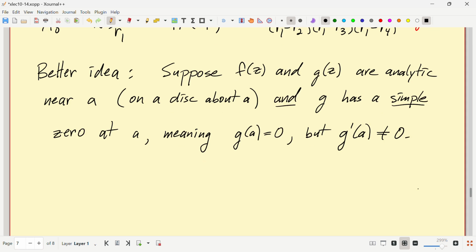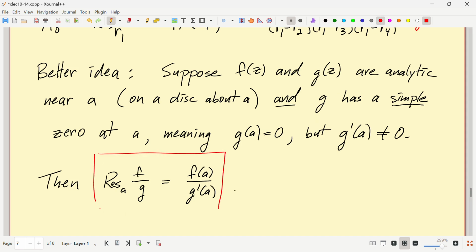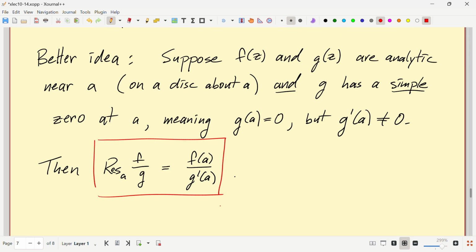Then the formula is very convenient. The residue at a of f over g is equal to f of a over g prime of a. Very simple to calculate. Put that in a red box. Much easier to calculate.